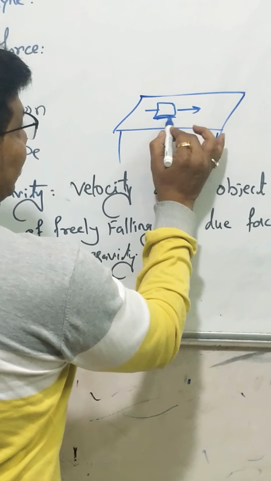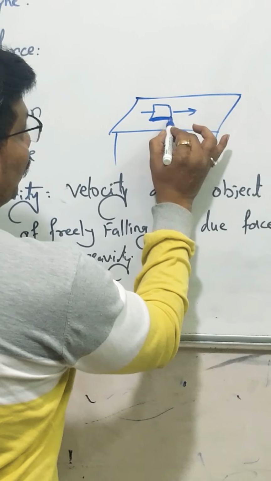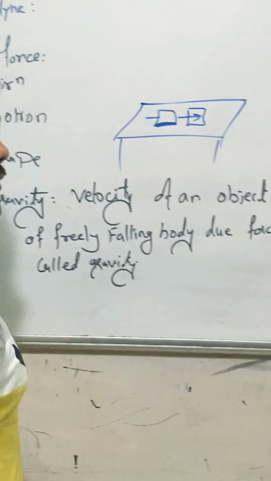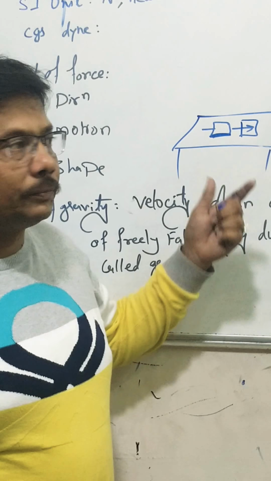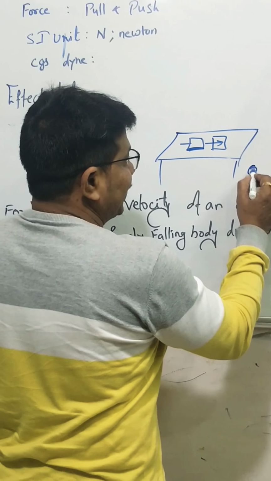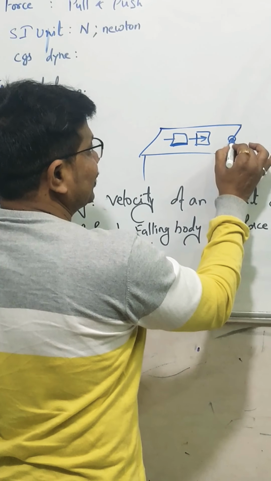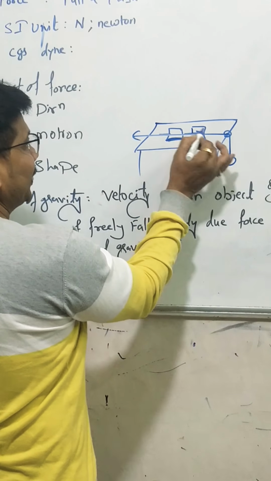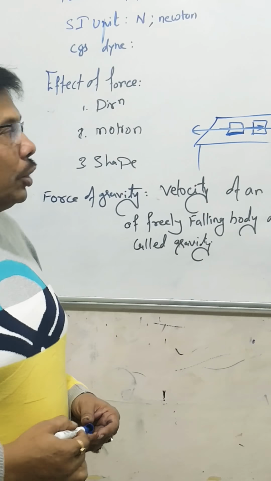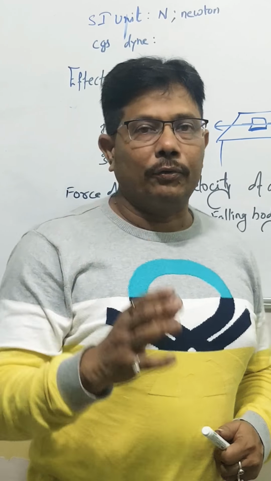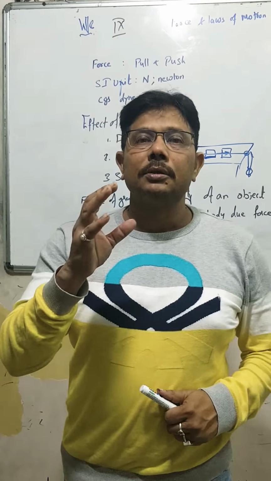The object will move from this point to this point. So what are you doing? Pushing an object. If an object is hanging over here with a pulley and you are pulling this side, it will go up. This is called pull. So pull and push are called force, and force can be measured in terms of Newton, dyne.